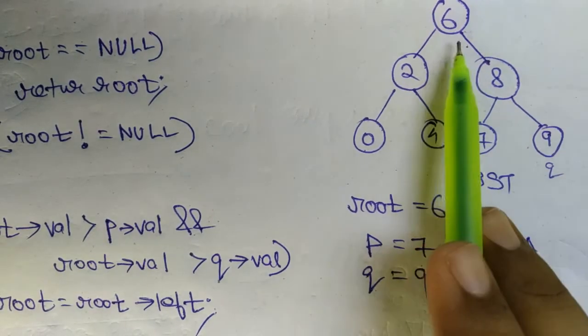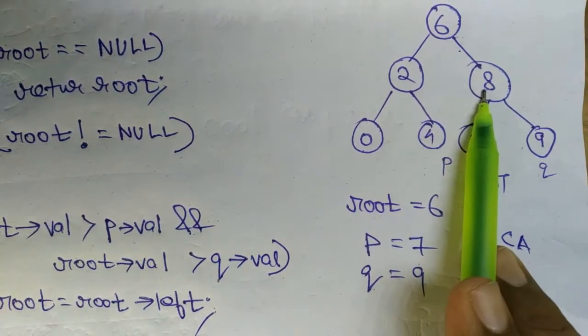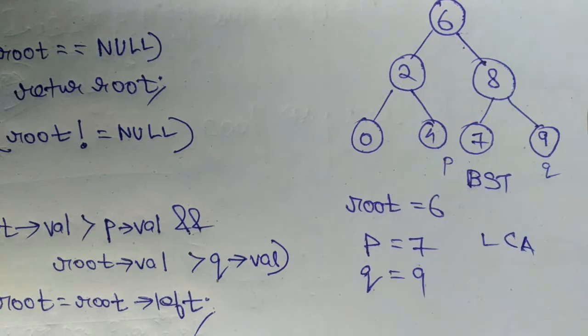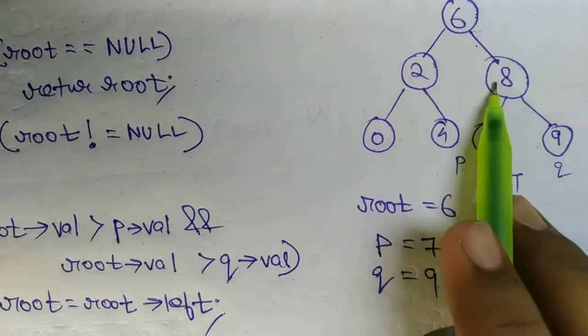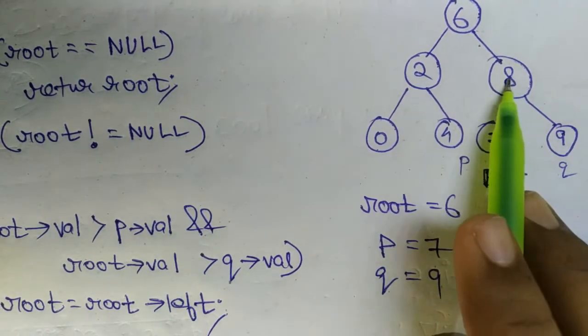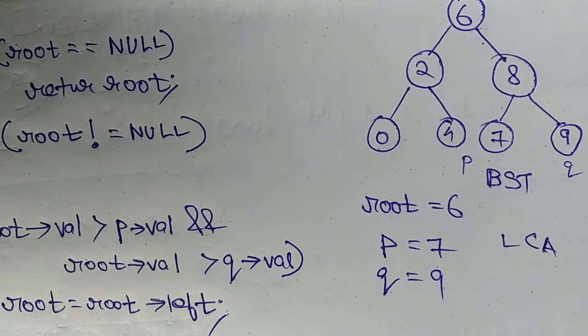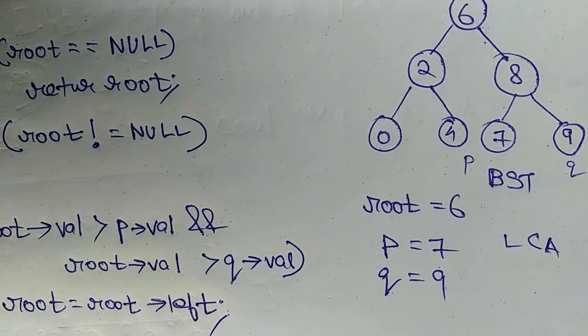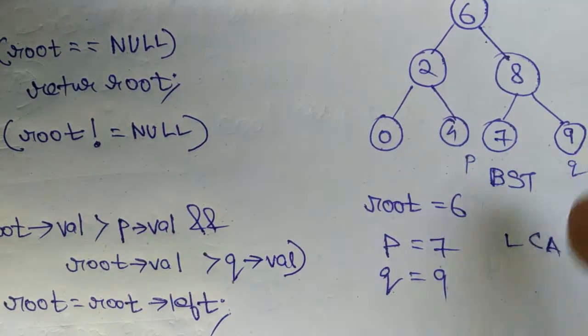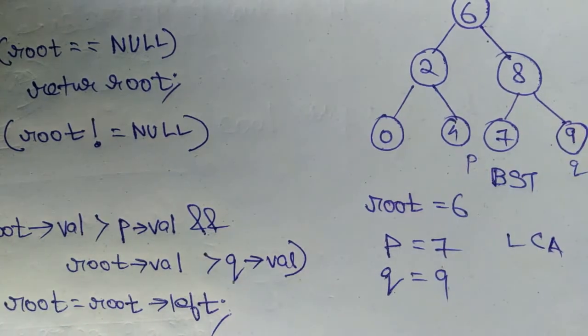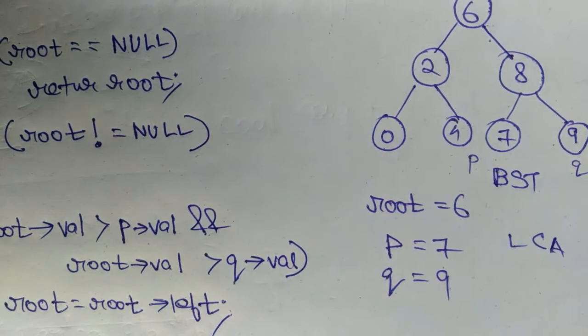So what we do, we shift the root value to the right of the binary search tree, which is 8. Now as 8 is greater than 7 and 8 is less than 9, none of the two if condition statements are satisfied. So we simply return this 8 value. And also you see that 8 is the lowest common ancestor of 7 and 9.